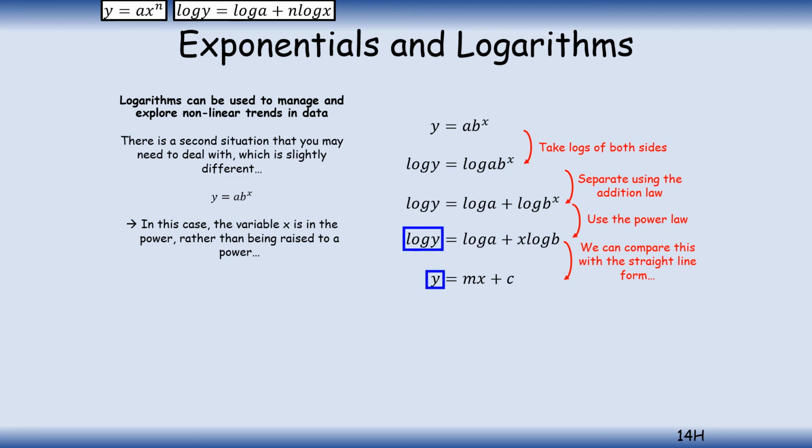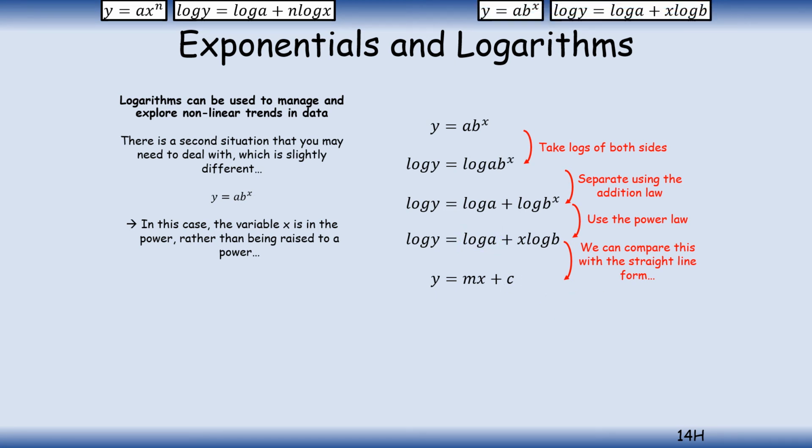Same as before, our y would be log y, but this time, be careful, your m is going to be log b. That's the difference. Before you had your m as n, but this time your m is log b. Do you understand why? Because it's talking about mx, that's the x, so this must be the m. And simply c would equal log a.